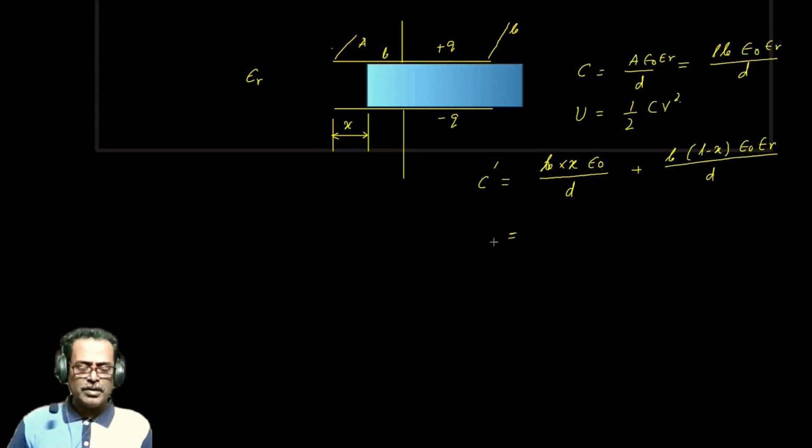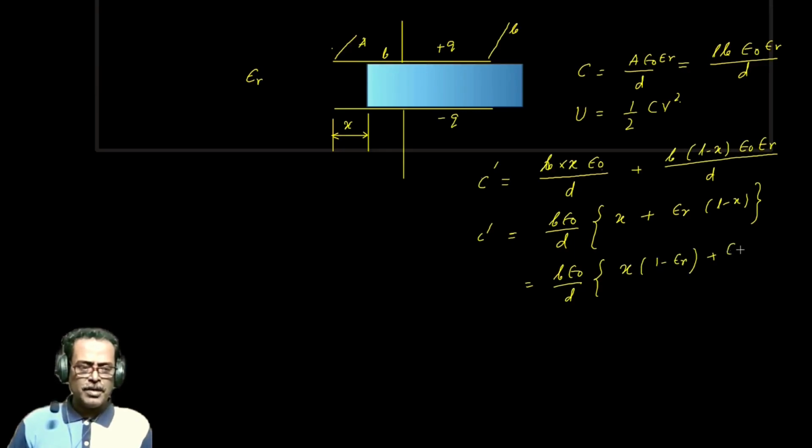Therefore, we can say that new capacitance C dash is equal to B into epsilon 0 divided by D into X plus epsilon R into L minus X. That is B epsilon 0 by D into X into 1 minus epsilon R plus L into epsilon R. Now the new potential energy U dash is equal to half B epsilon 0 divided by D into X into 1 minus epsilon R plus L into epsilon R into V square.